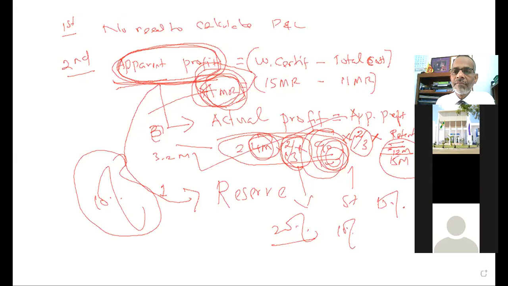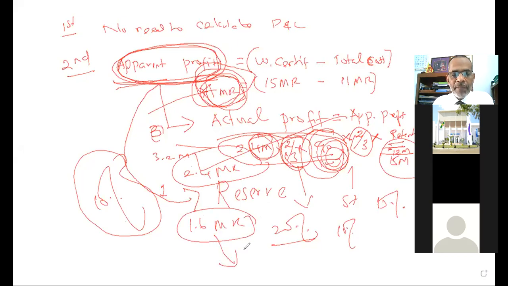Yes, our actual profit is 2.4 million. Yes, you got find out, no? Therefore, now look at 2.4 million is the actual profit. Therefore, definitely 1.6 million rupees recorded in our statement of financial position as a reserve. This reserve also, can you tell me, is this also profit or a loss?